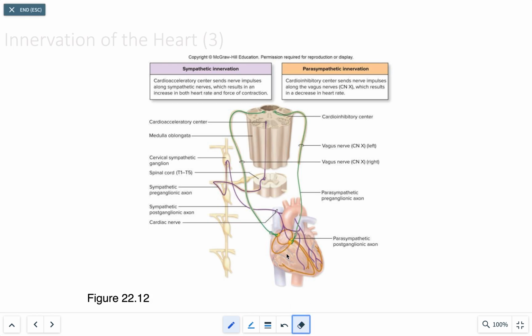Since it's only hitting the AV node and the SA node, we can say that it can decrease or inhibit heart rate, but it has no change in force of contraction. The only change that occurs is decreasing heart rate, but it's not going to change anything with ventricular contraction.